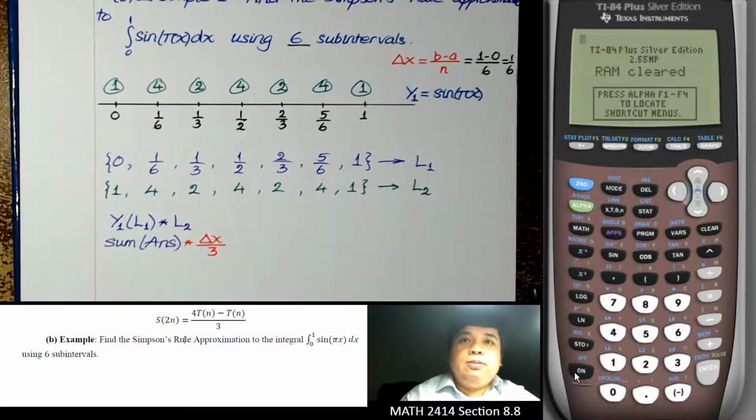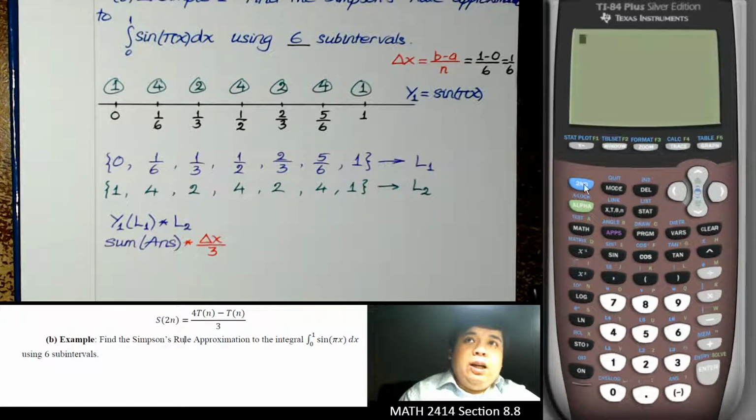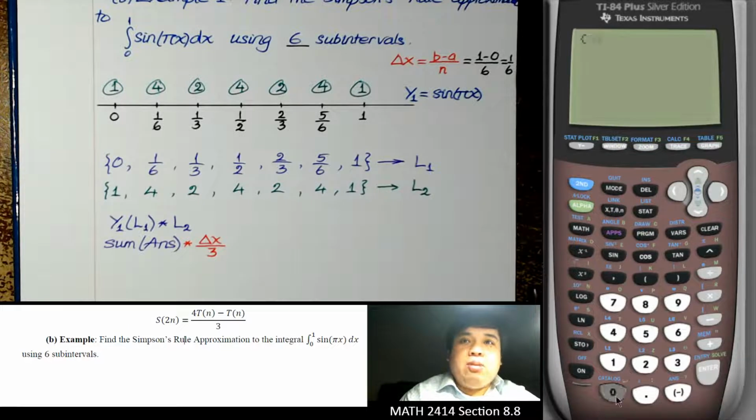So in the second parentheses, we just enter these numbers: 0, 1 over 6, 2 over 6, 3 over 6 is 1/2, 2/3, 5 over 6, and then 1.